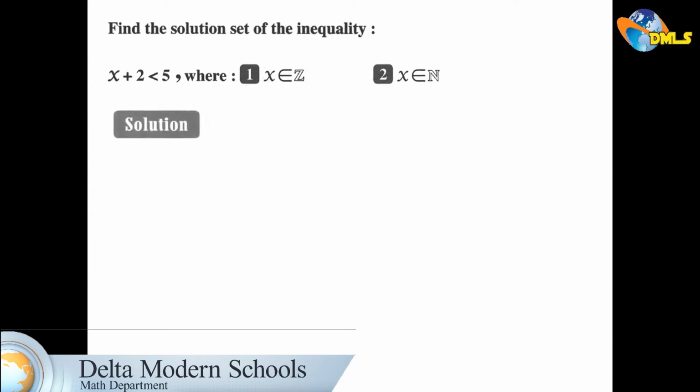Solution. X plus 2 is less than 5. By subtracting 2 from the two sides will be x plus 2 minus 2 is less than 5 minus 2. So x is less than 3.